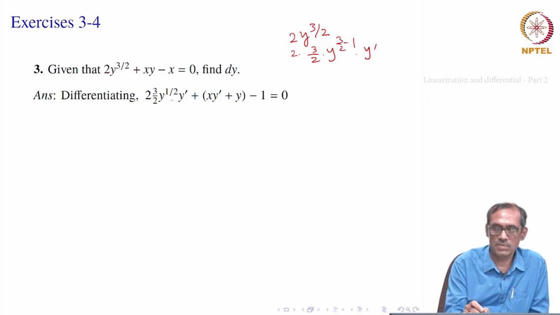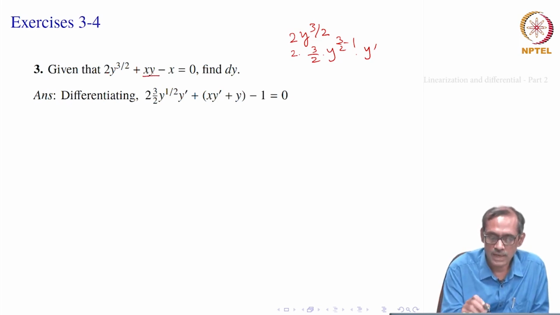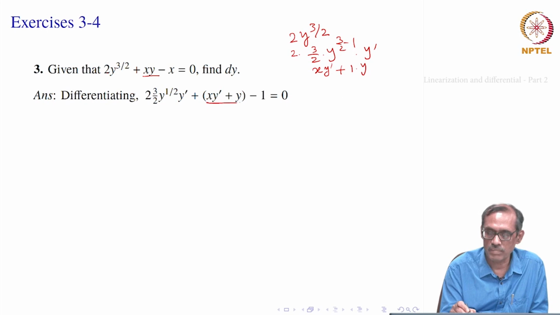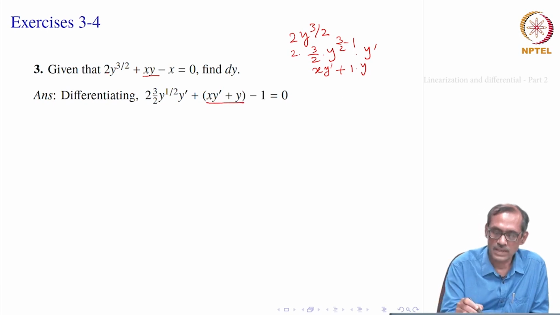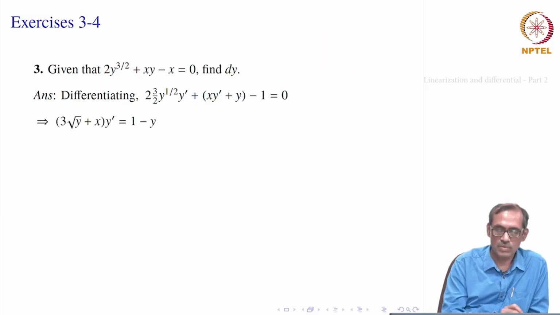So, that gives you the first expression, and then x y gives you what? It is a product of two functions. So, first into y prime plus derivative of first into y. So, that gives you x y prime plus y, and x differentiation is minus 1. So, that is equal to 0.